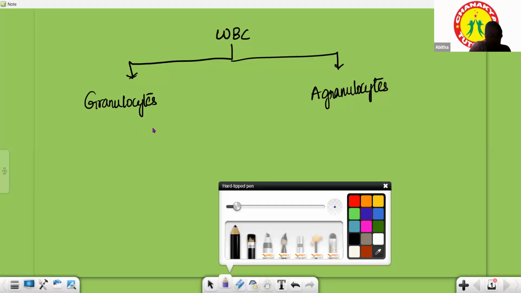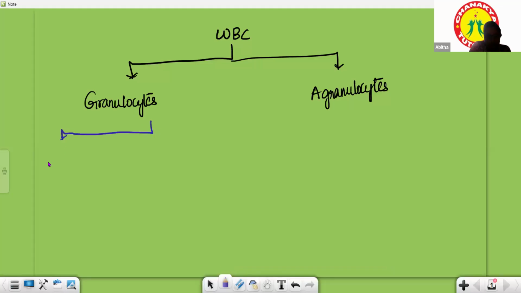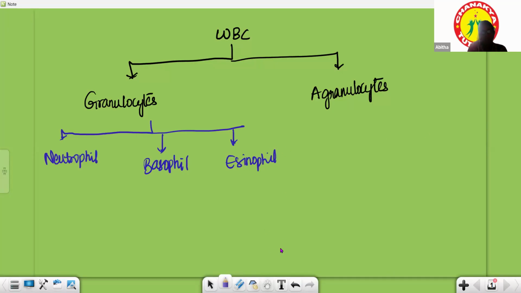Granulocytes are neutrophils, basophils, and eosinophils.